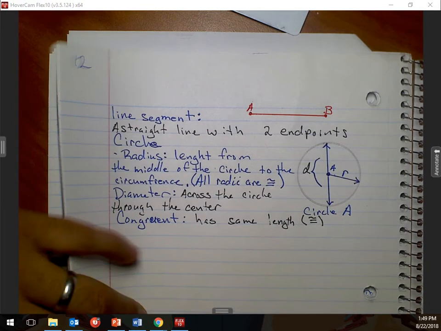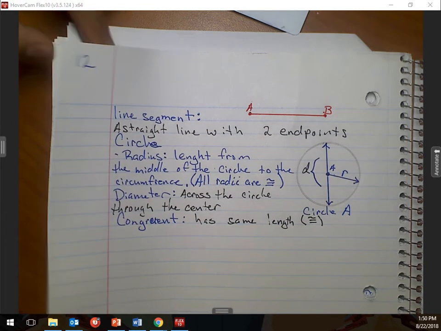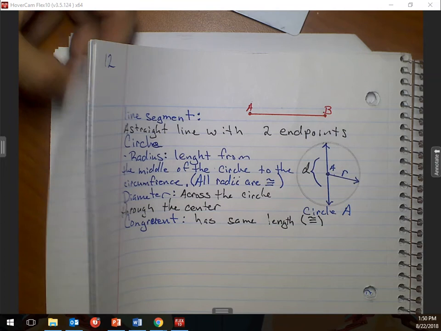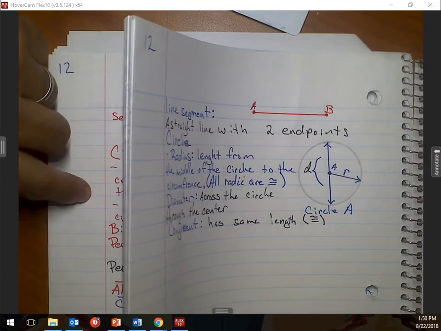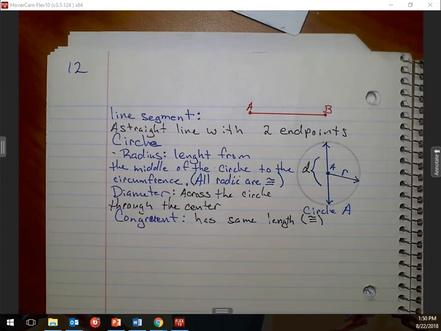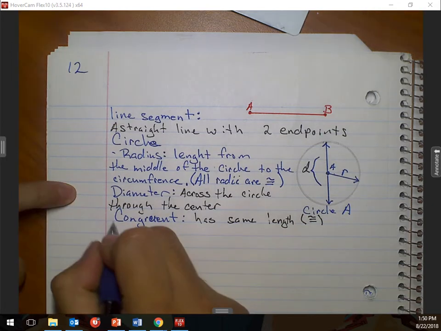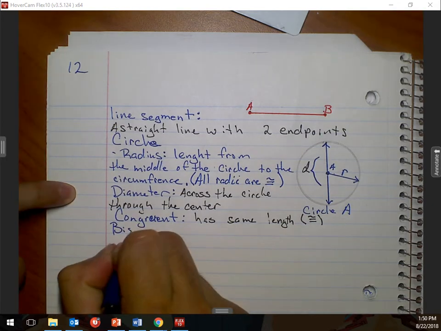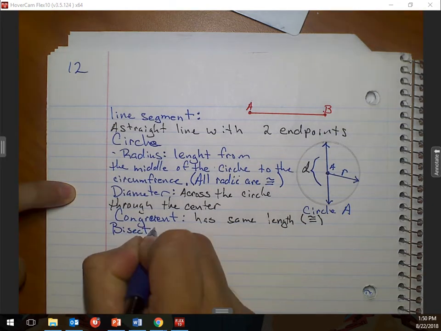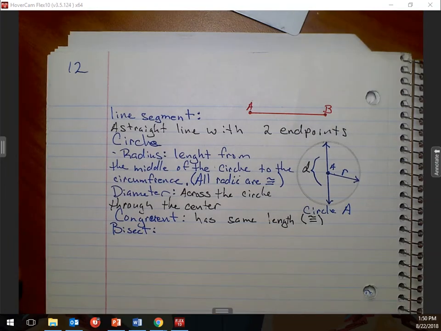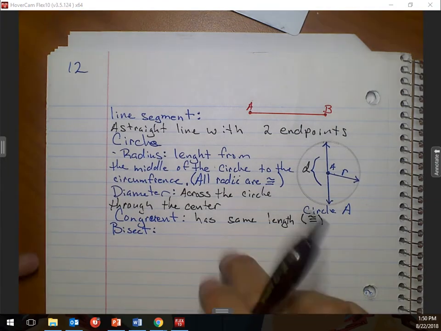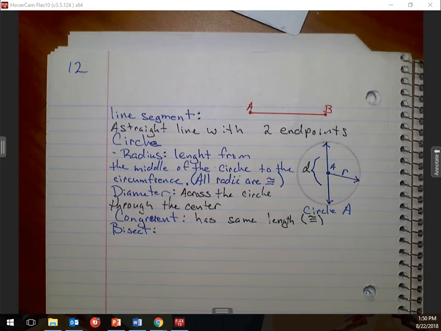All right, let's see. What was the next one? Okay, next one's going to be bisect. Okay, we don't have one for this, but go ahead. What is bisect? Split. Split it. Okay. Keep going.